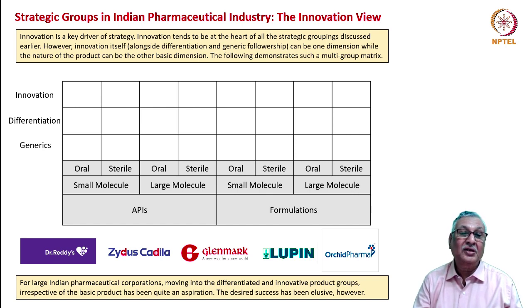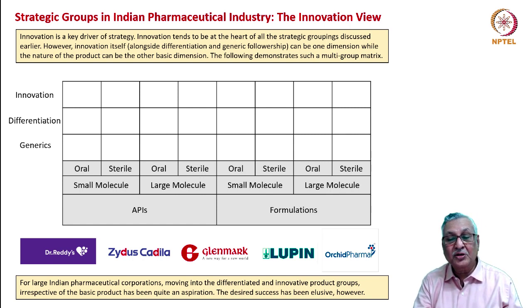Similarly, Zydus Cadila developed its Saraglitazar, and that has become very successful. For large pharmaceutical corporations, for example, Zydus Cadila has developed its own metabolic medicine, that is its own medicine to solve the metabolic syndrome, and that has been quite successful as a first time innovated product.